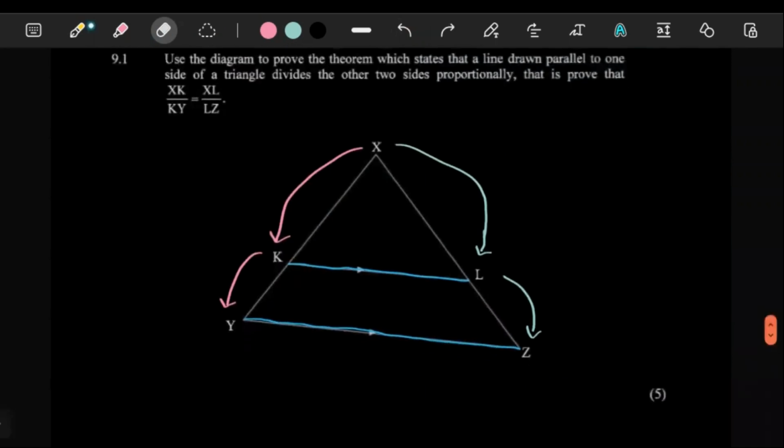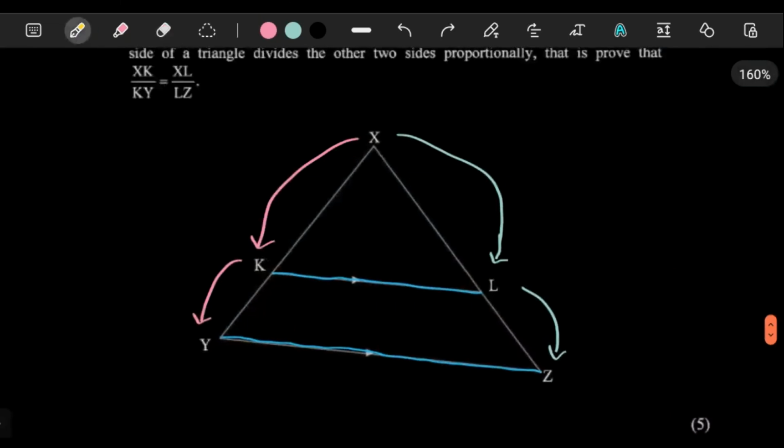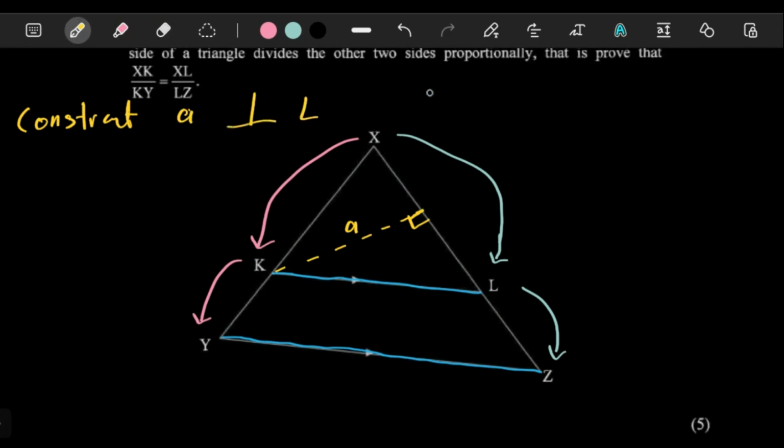You need to construct 4 lines actually. So let's write them down here. Construct. Let's name this... don't know what variable we're gonna use now. A, B. Let's say construct A perpendicular to LX.